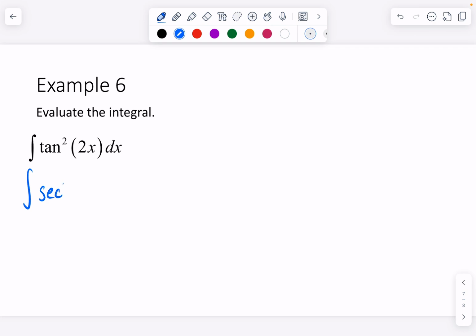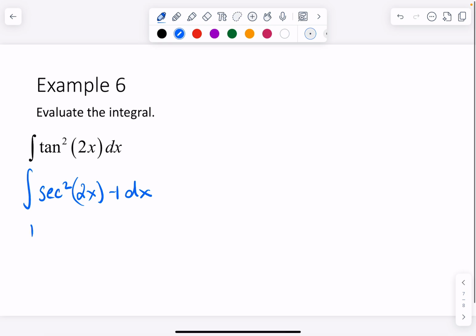That turns into secant squared 2x minus 1 dx. What function's derivative is secant squared? Well, that's tangent. I'm going to skip over my u substitution. This turns into 1/2 tangent of 2x minus x plus c.